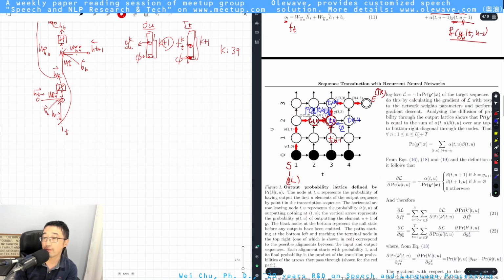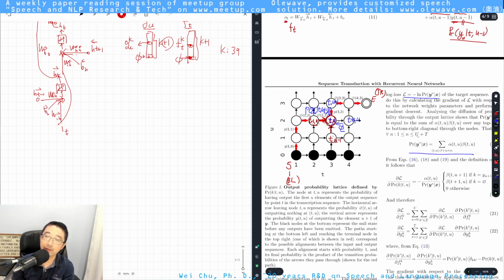And eventually, he talked about the loss, okay? You want to maximize this, so in order to minimize the loss on the target sequence. Because of this, let me know if you can understand this.